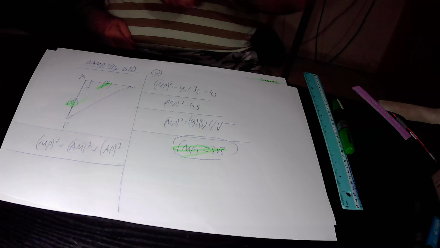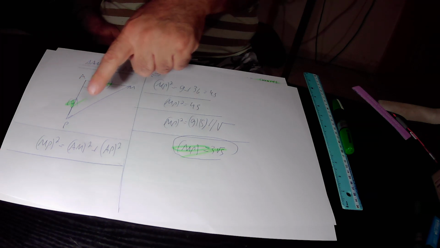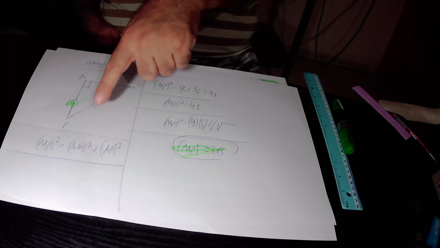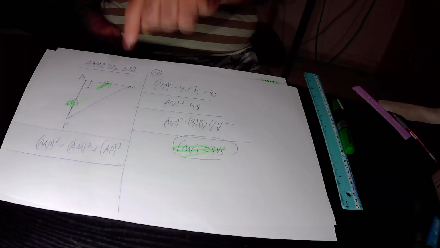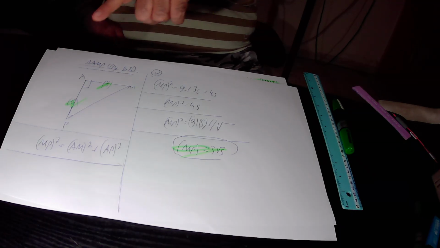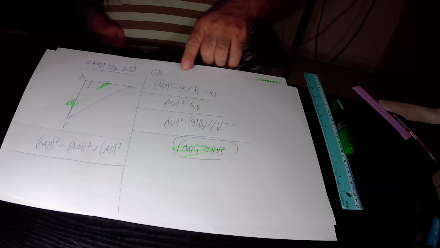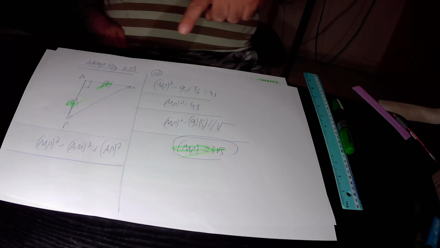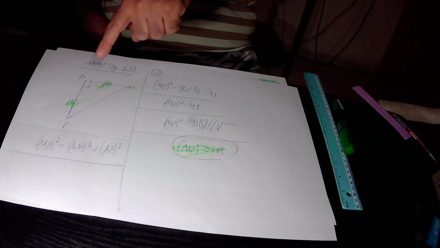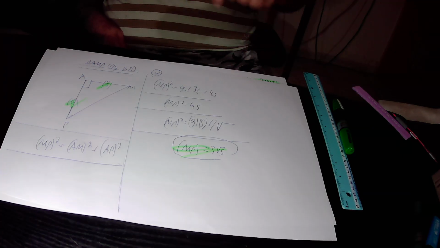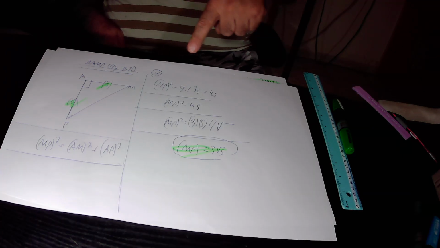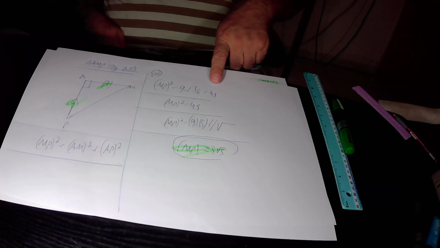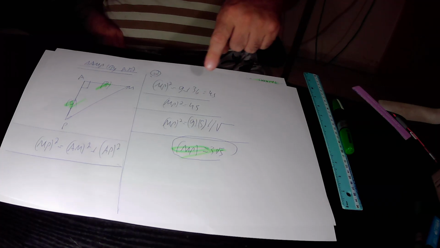So MP squared equals AM squared plus AP squared. AM is 3, therefore AM squared is 9, plus AP squared. AP is 6, therefore AP squared is 36. So in total, MP squared equals 9 plus 36, that is 45.